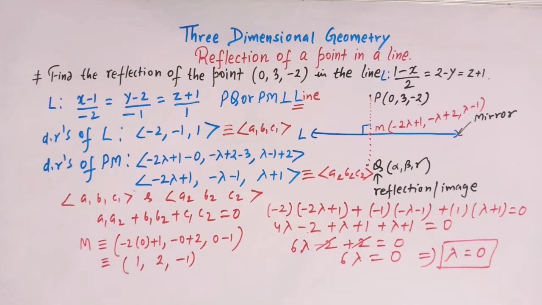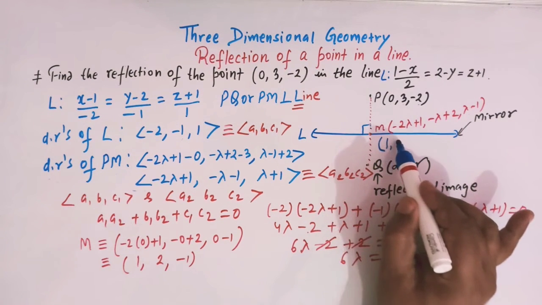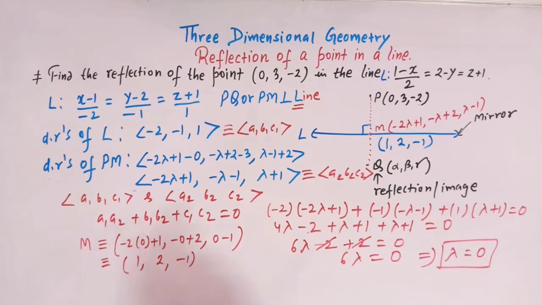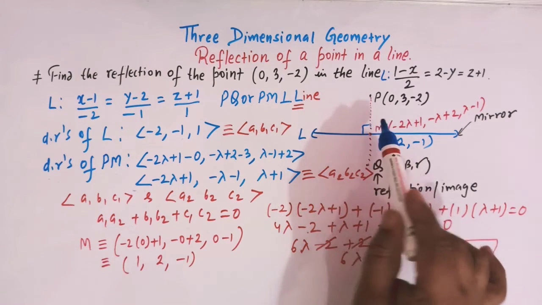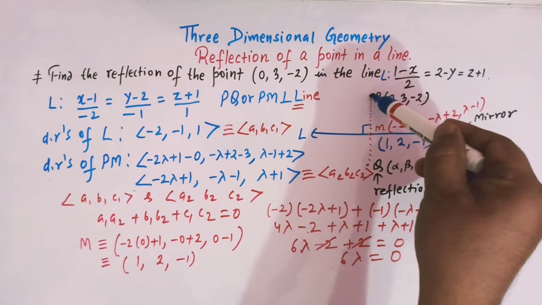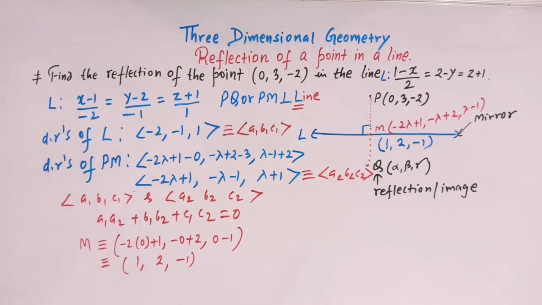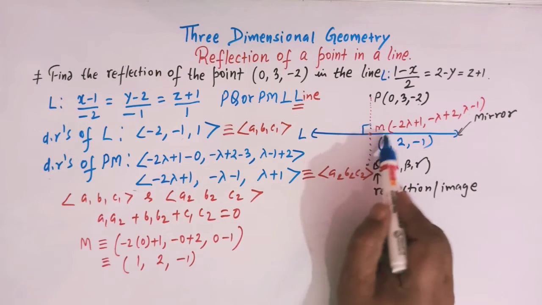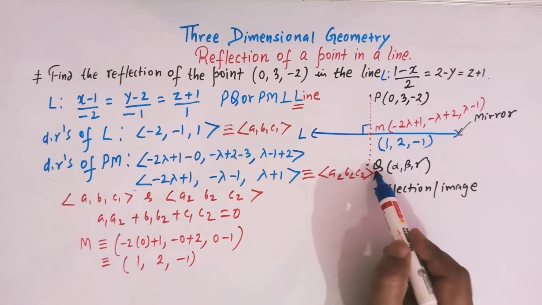So the coordinates of the point M are 1, 2 and minus 1. This point M is the foot of the perpendicular drawn from this point P to this line L. Once we have the coordinates of M, we can easily find the coordinates of this point Q.